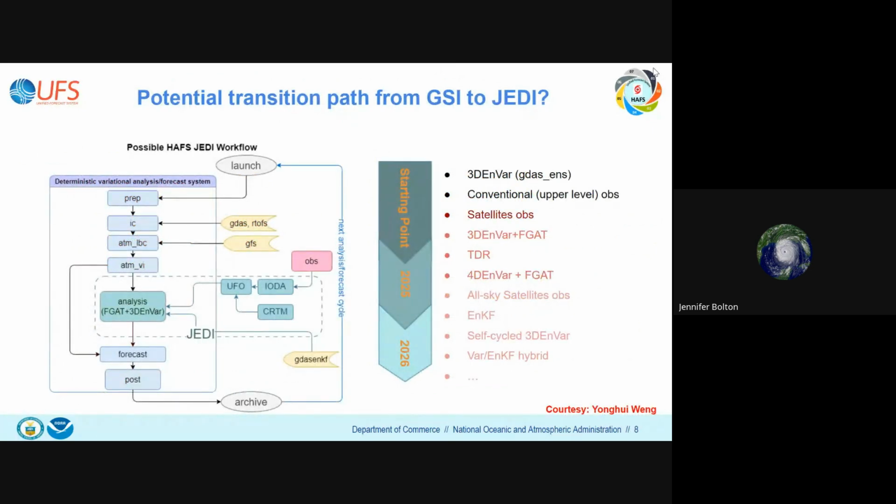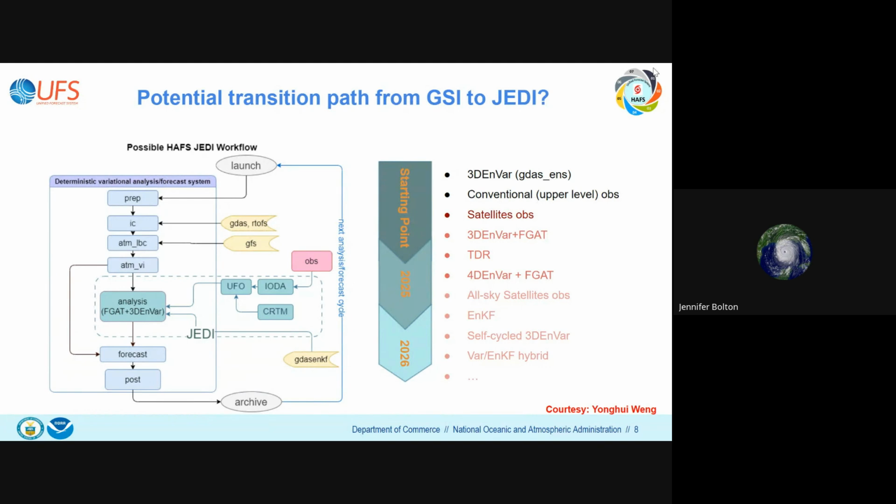So in this context, again, the slide was presented briefly by Jing earlier today, Jing Cheng. And this is just one way, one possible transition path from GSI to JEDI, where the analysis using FCAT, 3D, and VAR, we can start with that and start converting that aspect of GSI to JEDI for use in HAFS.